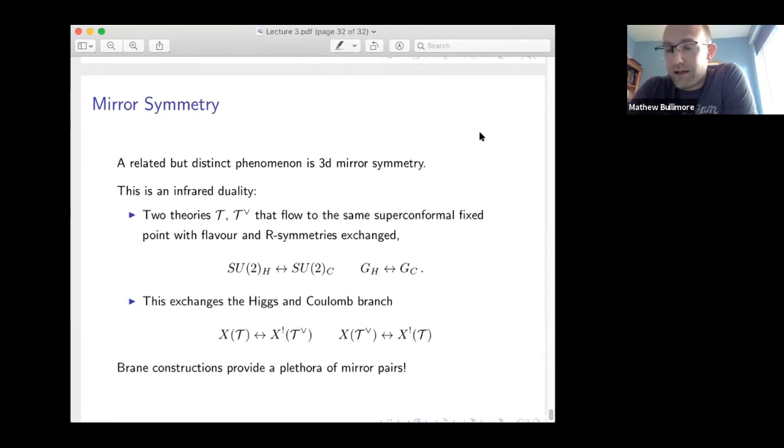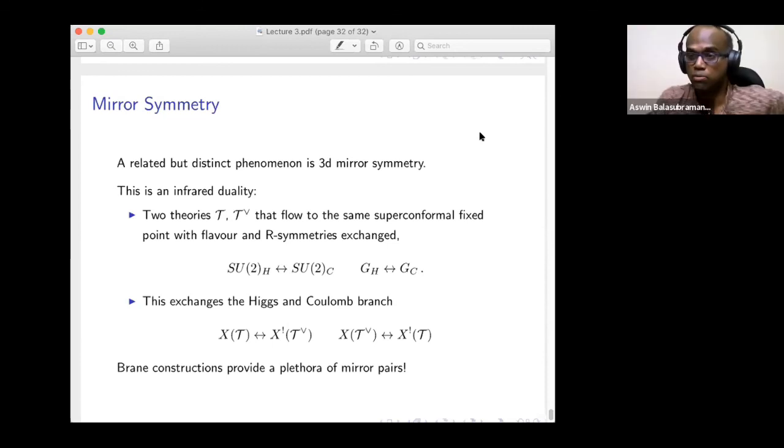Another way to say it is that the FI parameter, for example, is a Kähler parameter. So if you're just looking at complex functions on the space, or algebraic functions, you won't see it. As an algebraic variety, it doesn't care about the real FI parameter.